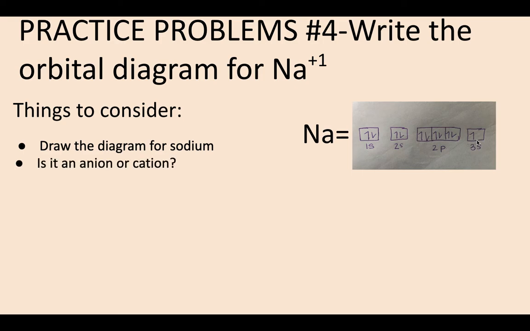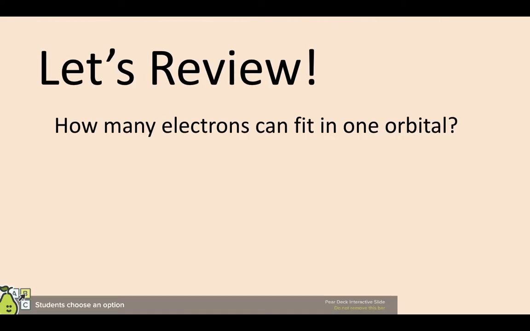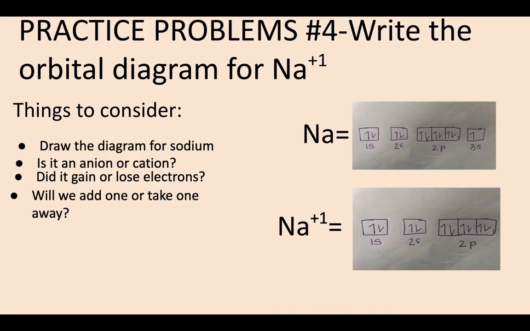We want to ask ourselves, are we drawing an anion or a cation? So it's a plus 1, so since it's a positive, we know it's going to be a cation. Cations are going to lose electrons, so we always take one away. Remember, it's always the opposite up here. If it's positive here, we're actually going to lose one down here. Okay, so we're going to take one away. And now we can draw the cation for Na plus 1.